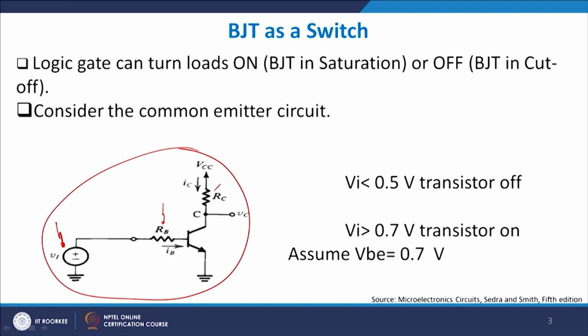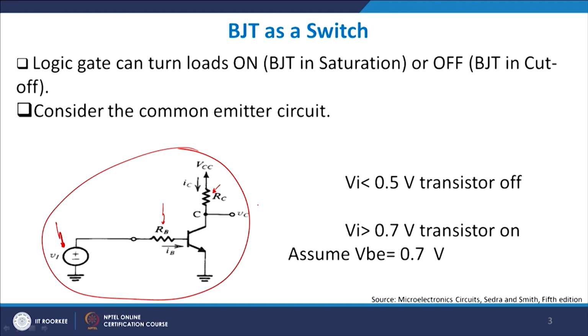This RB and this RC are the resistances in the base side and the collector side of this BJT. They are there so that excessive current does not flow through the BJT and burn it out.